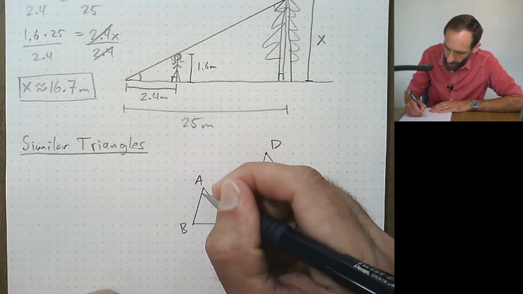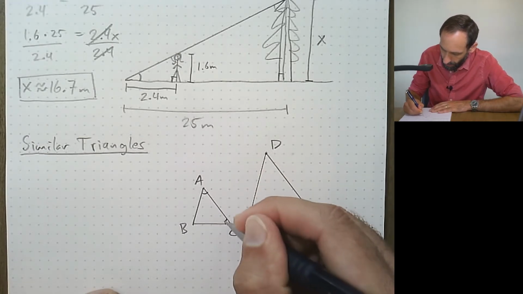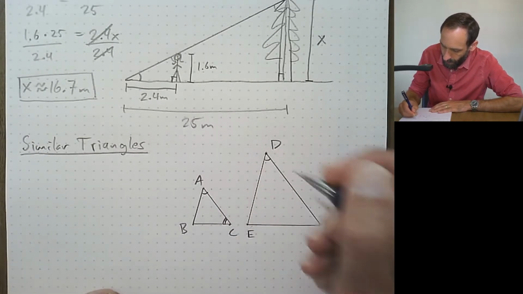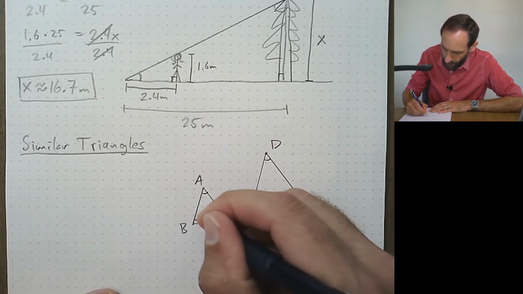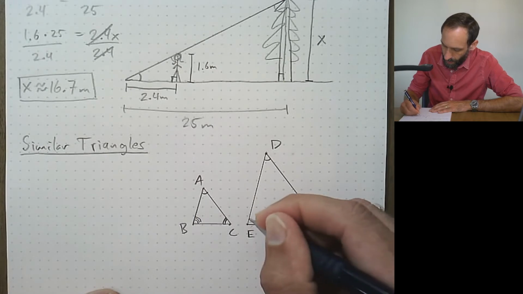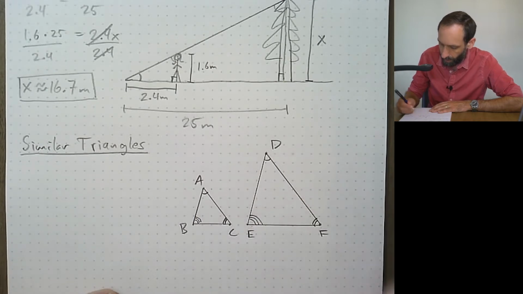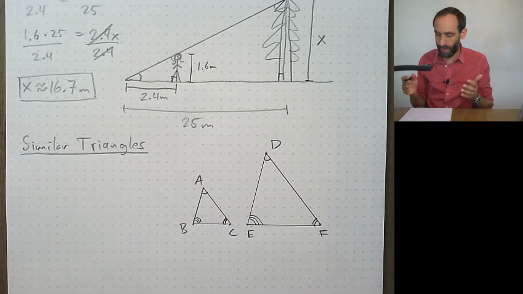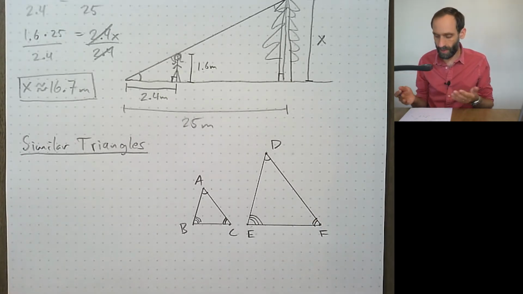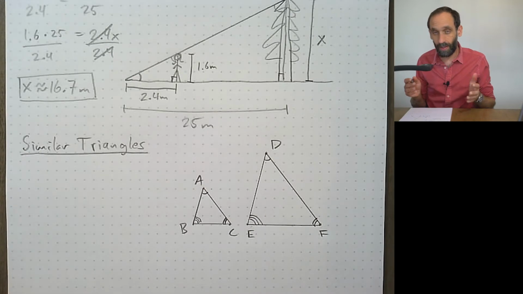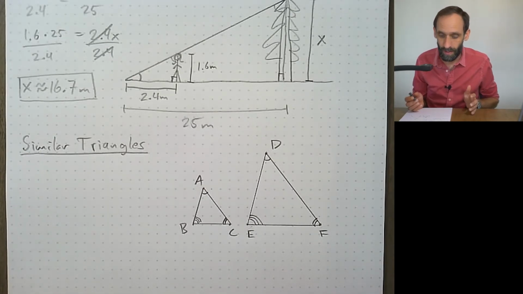In fact, I'll just indicate that with these little arcs. So these two triangles meet the definition of being similar. They have all corresponding angles equal, but they're not the same size.